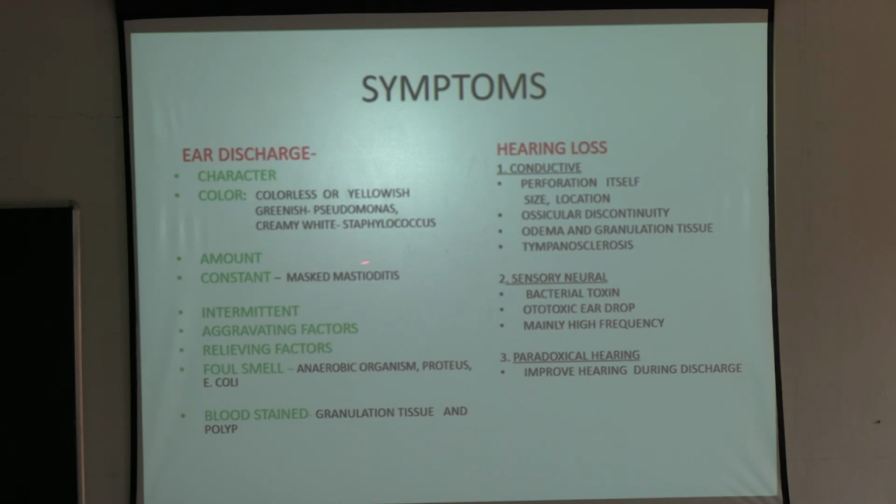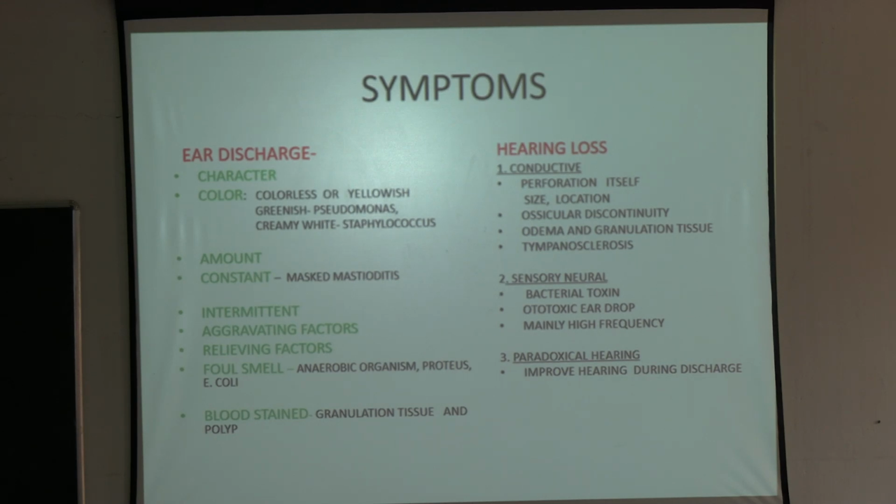In case of marked mastoiditis, amount is very profuse. Intermittent discharge, the aggravating factor is also the relieving factor. Foul smell is due to anaerobic bacteria, Proteus or E. coli. Smell is very foul. Blood stain in case of granulation tissue and granulation polyp.